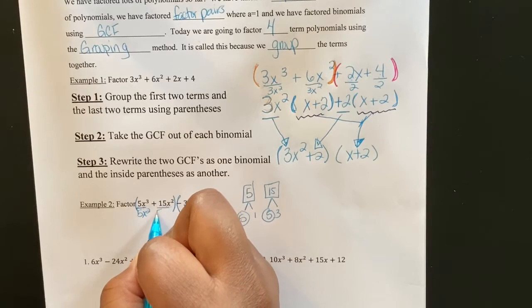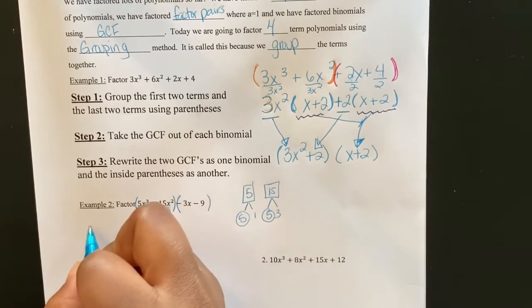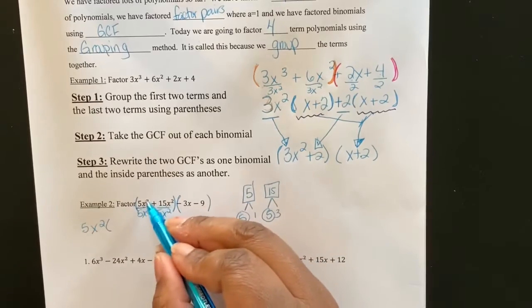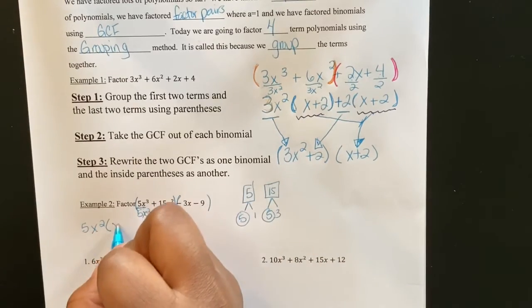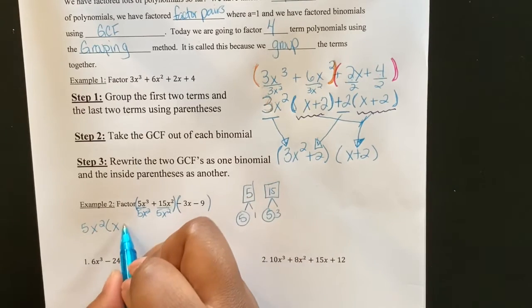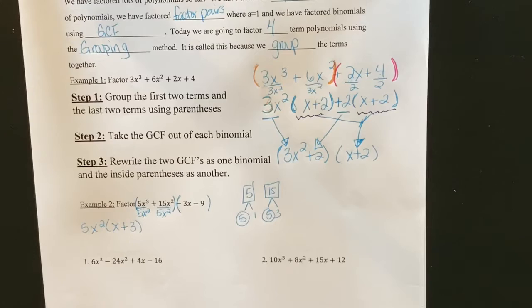That's the GCF. Okay. So I'm going to put 5x squared on the outside. And what's left? Well, 5x cubed divided by 5x squared is just x. And then 15x squared divided by 5x squared is going to be 3. Positive 3. Now, I have negative 3x minus 9.